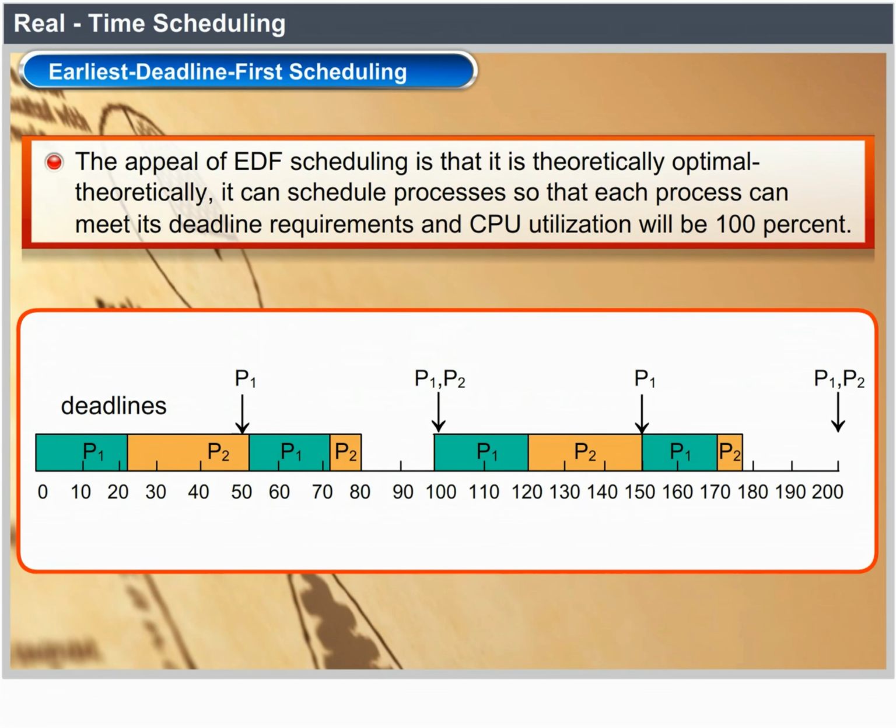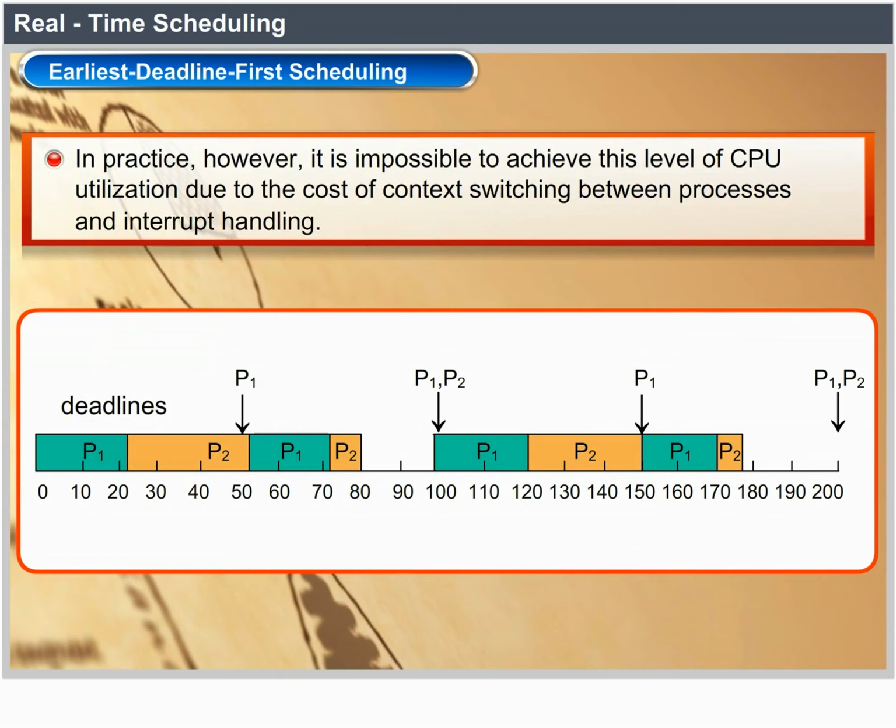Theoretically, it can schedule processes so that each process can meet its deadline requirements and CPU utilization will be 100%. In practice, however, it is impossible to achieve this level of CPU utilization due to the cost of context switching between processes and interrupt handling.